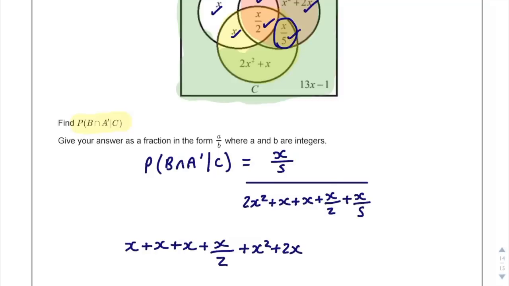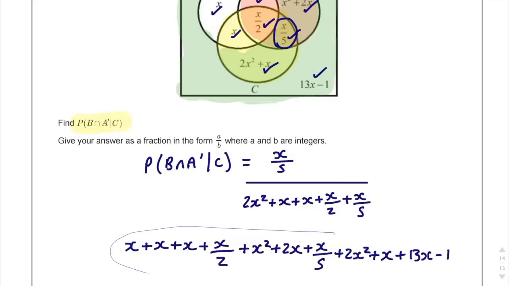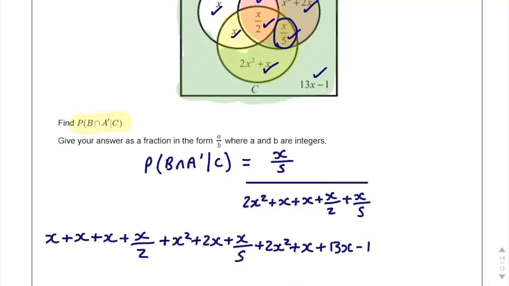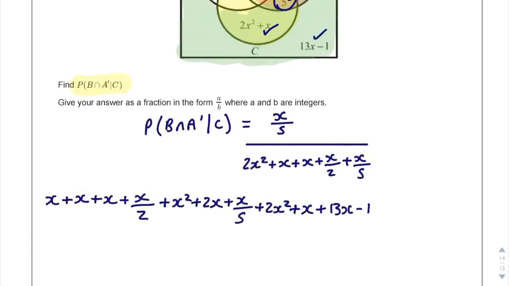And then we've got x over 5, so plus x over 5. Then we're going to have plus 2x squared plus x again, but that's down here. And then plus 13x minus 1, so that's down here. Okay, so if I move this across, all of this is now equal to 1.